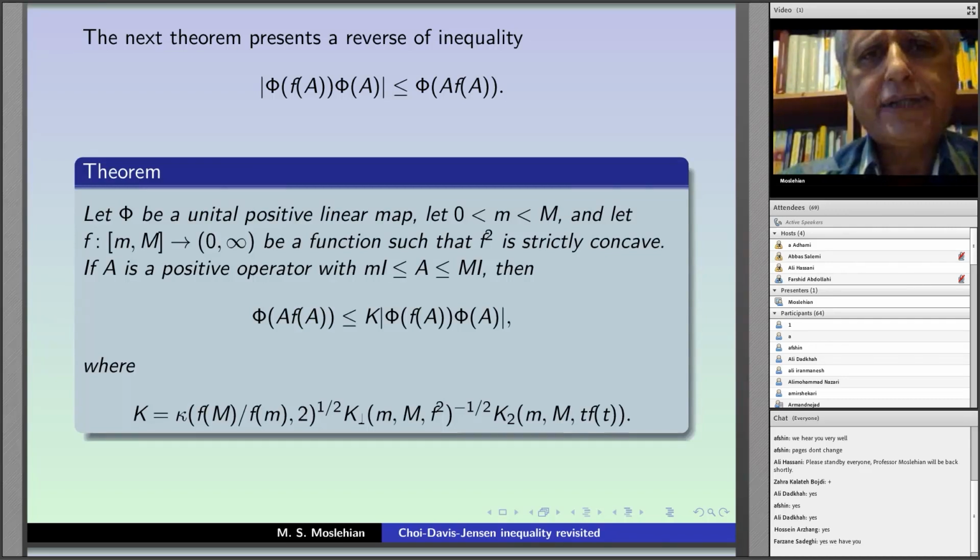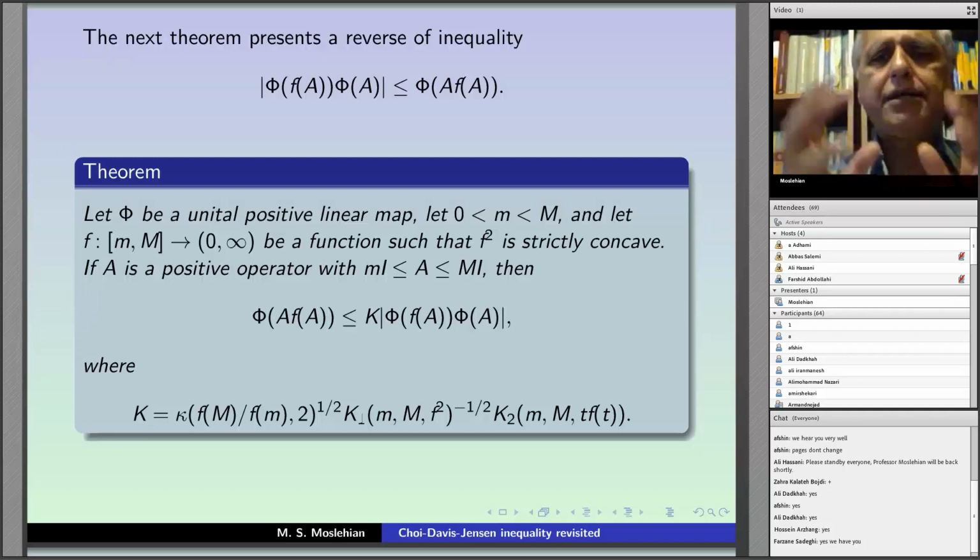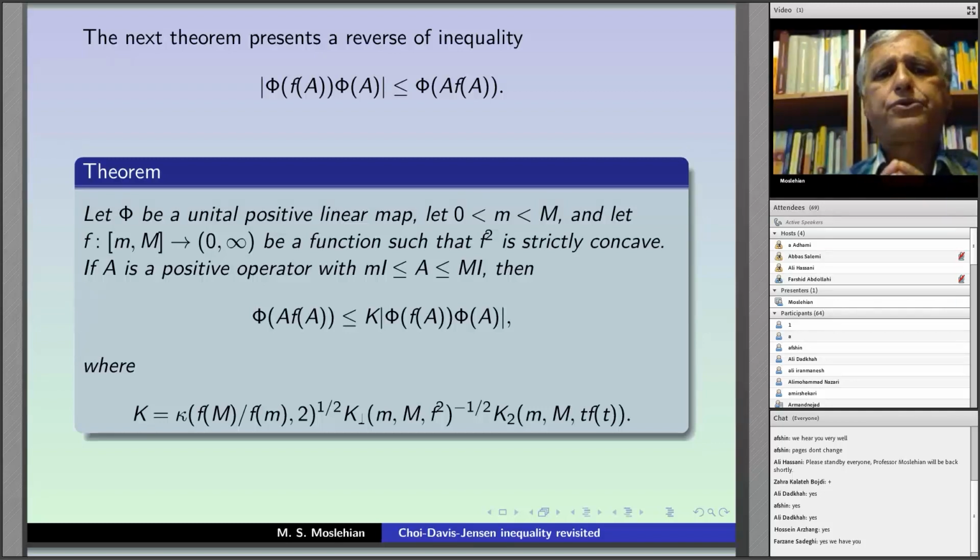The next theorem presents a reverse of this inequality. To get a reverse of an inequality, usually we have to consider our operators bounded above by a constant and bounded below by another constant, in the sense that we usually assume A is between m and M. This is not a serious assumption, since any positive operator is bounded from above by its norm.